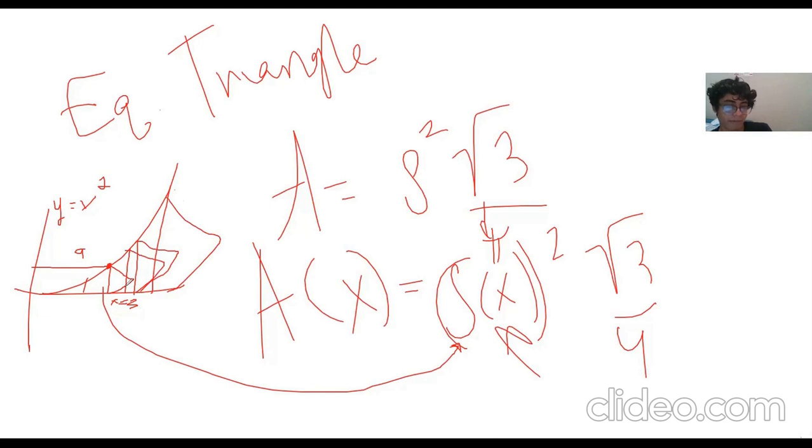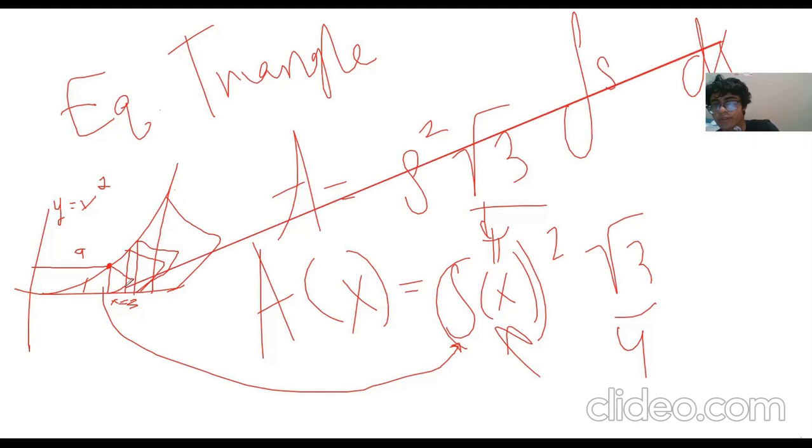Then you add up every single area, similar to what we've been describing. You add up all the areas from left to right, and you have this volume given. So an integral of s of x squared, square root of 3 over 4 times that. This is a constant. You could have pulled it out, etc. So that's the way you get that one.